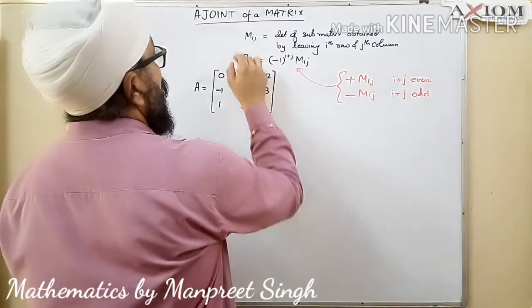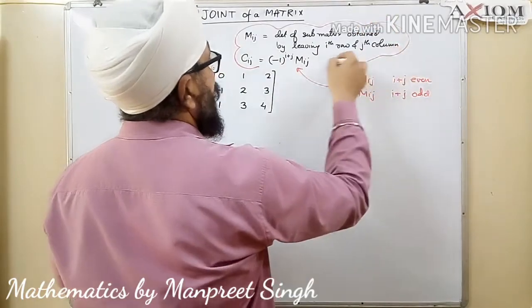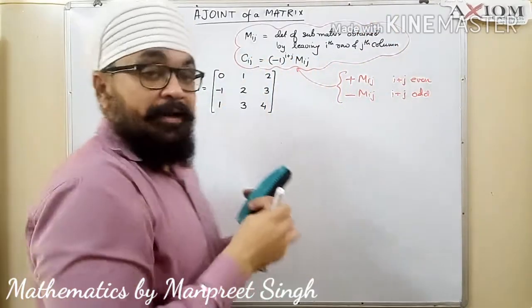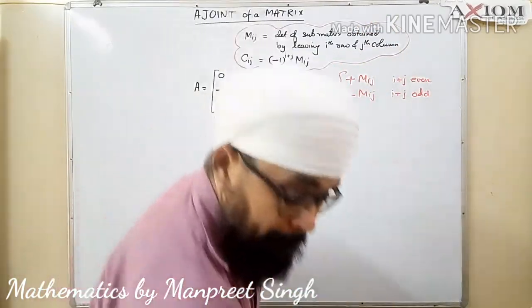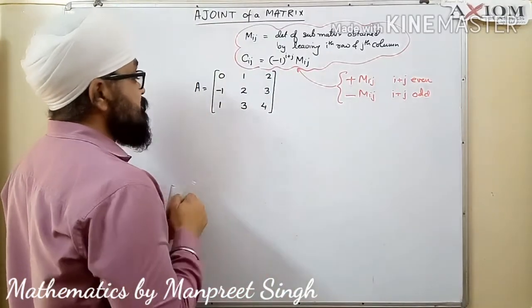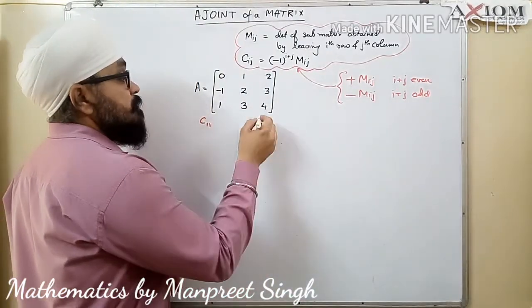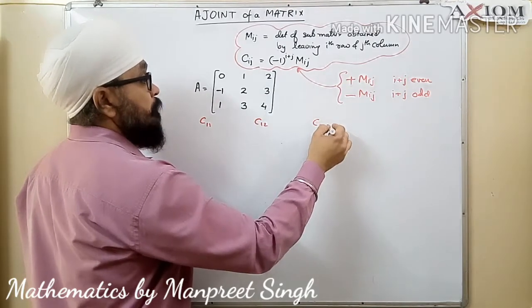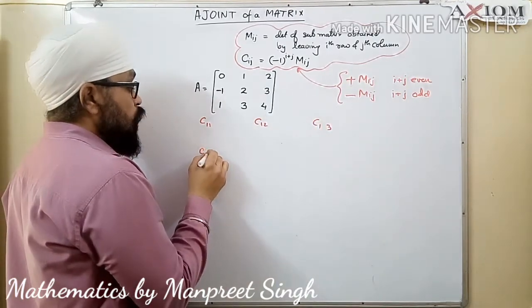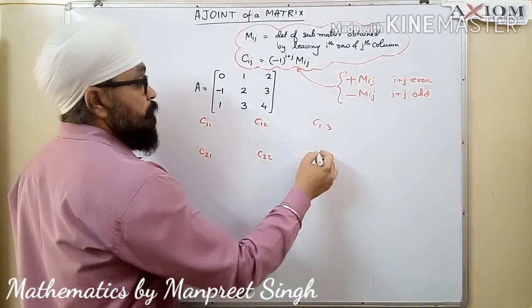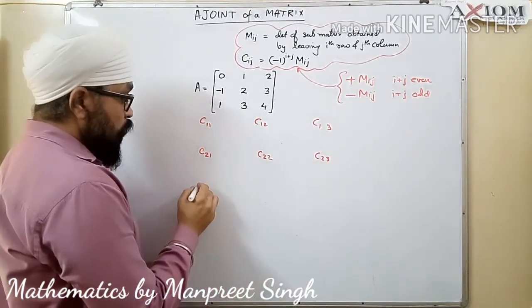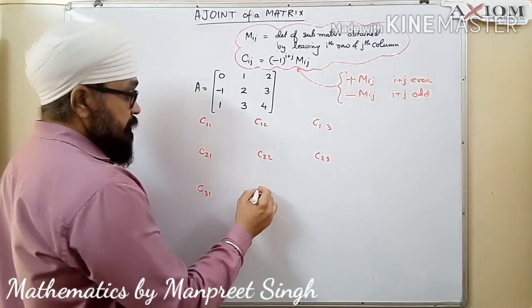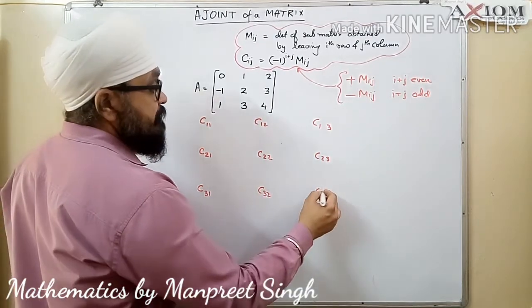If you want, I will be writing these minors and cofactors here only, and let us find all the cofactors. So I am writing this one as C11, C12, C13. Then I will go with C21, C22, C23. Then I will go with C31, C32 and C33.